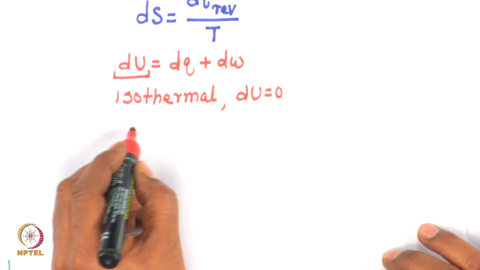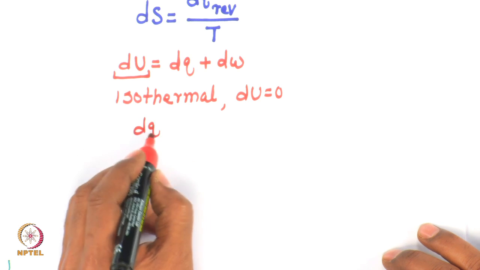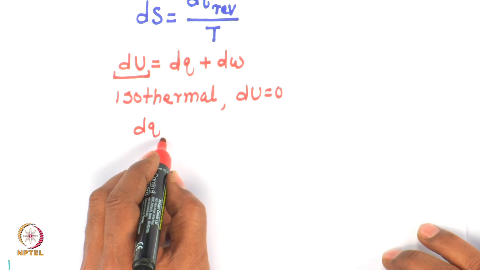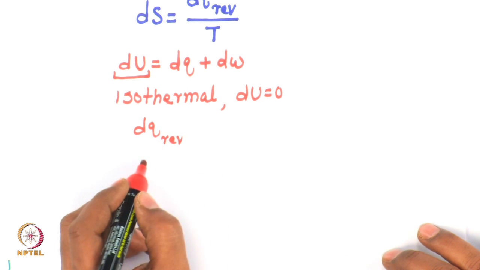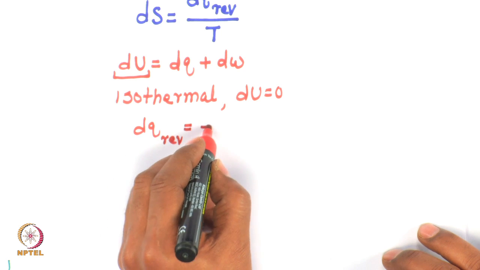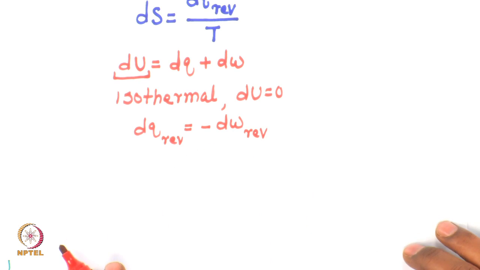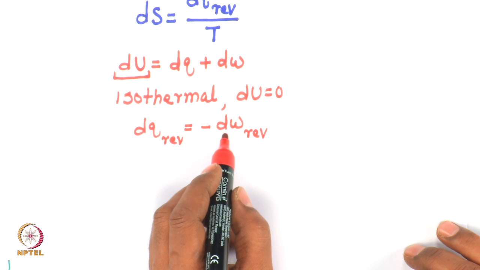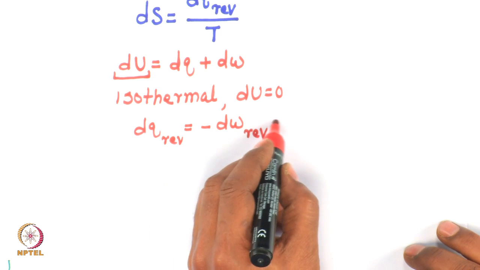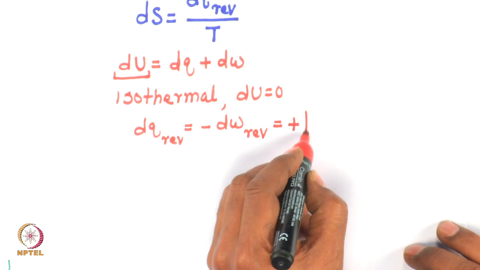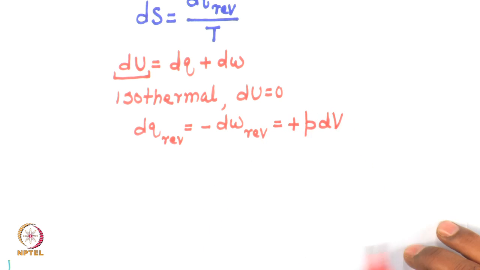Therefore, dq reversible is equal to minus dw reversible, and dw is minus PdV. So, it becomes plus PdV.